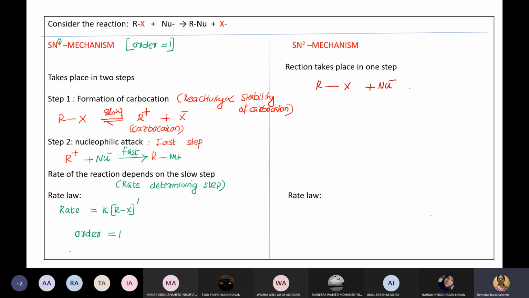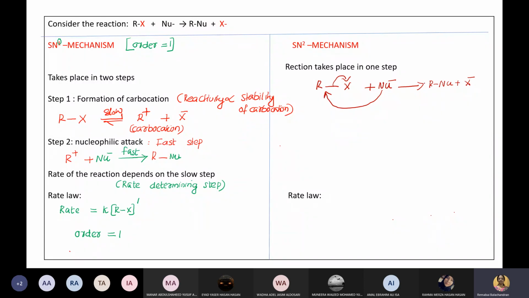The process occurs simultaneously in one step. Nu minus is coming in, and at the same time X minus is going out. So what do you get? You get R Nu plus X minus.